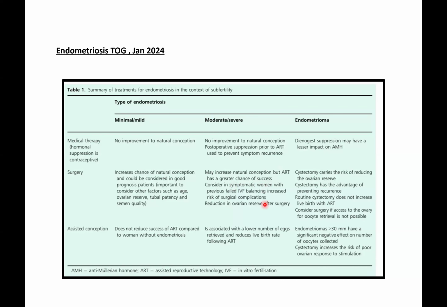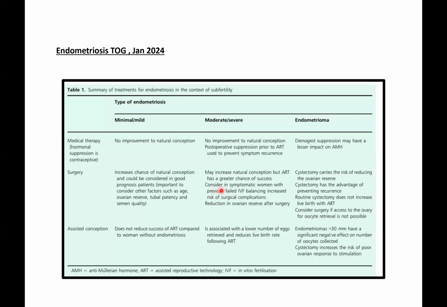So if any scenario comes in the exam where the patient is asymptomatic, she is painless and she wants to conceive, even if it is moderate or severe grade 3 or 4 endometriosis, the first thing which you will say is that as you're planning to have a baby, we would like you to be referred to the fertility specialist to have a baby. In your case, we don't offer surgery routinely because there is no evidence that it will increase the success rate of having a baby.